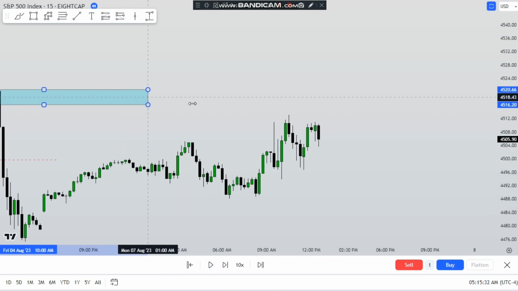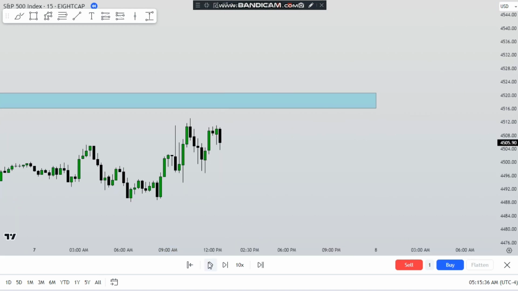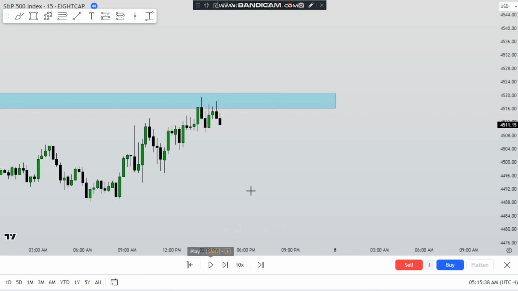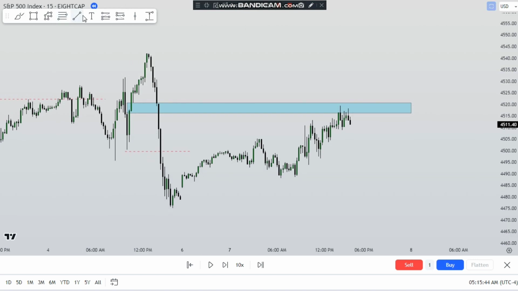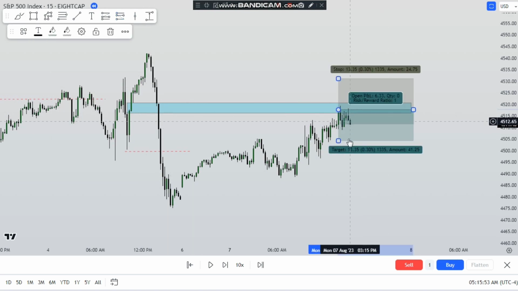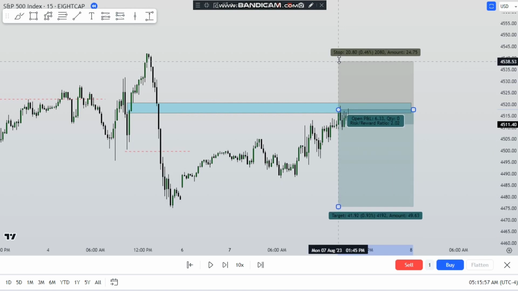This was our area. Still, we are waiting for the price to go up into this area. So now you can see that the price went up into this area. As I told you, this area is supposed to give a move in the opposite direction of what the order block was supposed to give us. So the opposite direction is to the downside. So we will enter into our shorts here, and our stop loss will be around this area.